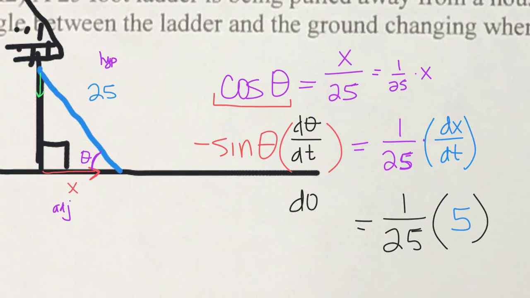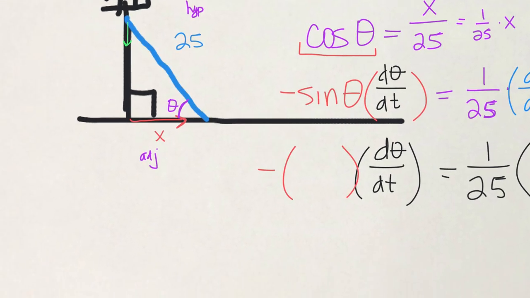Of course we don't know d theta dt. That's what we want to find. So now we need to look at our triangle and get our sine fraction. This is where we use the fact that the ladder is a certain distance from the wall. What does it say in the problem?